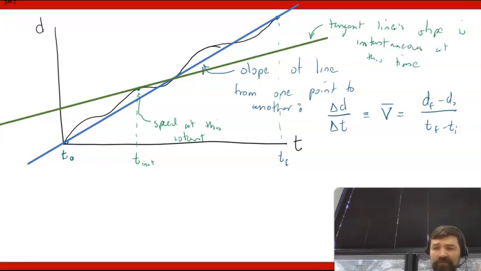And how would I go about putting an equation for that? Well, basically I would have to pick 2 points that are on this tangent line. And so maybe I happen to pick this point because I know it is on the tangent line. Maybe I have a graph paper and it just happens that like this time and distance are easy to locate, and maybe like this time and distance are easy to locate.